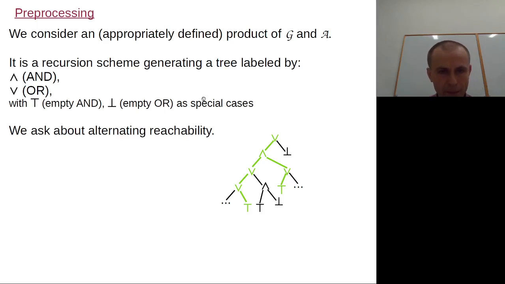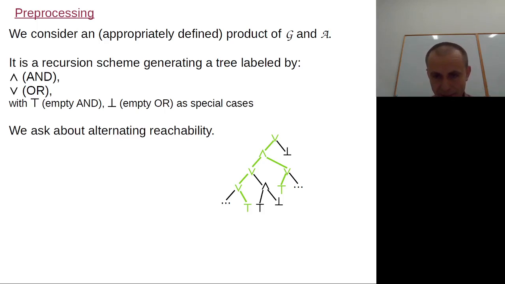Okay, before starting, how the algorithm works. Before starting, we do a preprocessing. We consider a product of the recursion scheme and of the automaton. I don't want to concentrate on that, but let me just say what is the result of such a product.